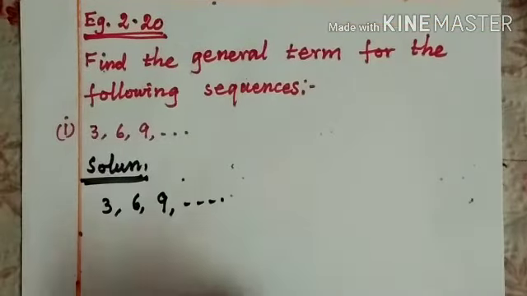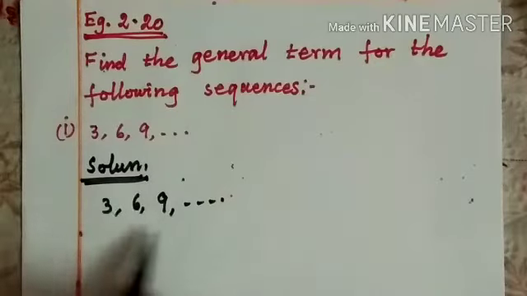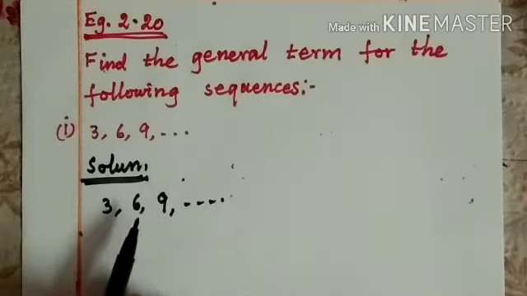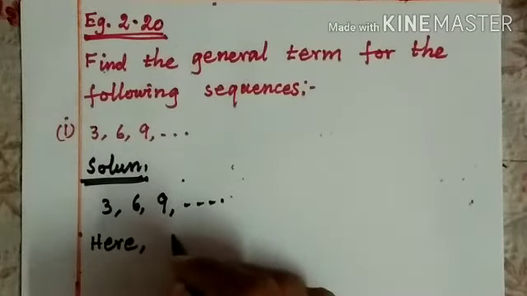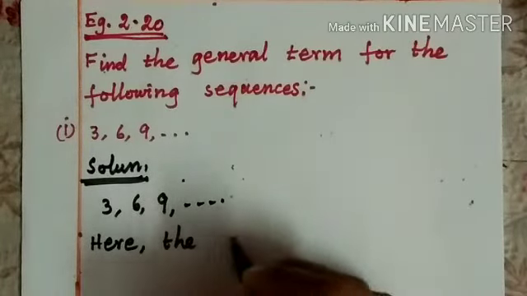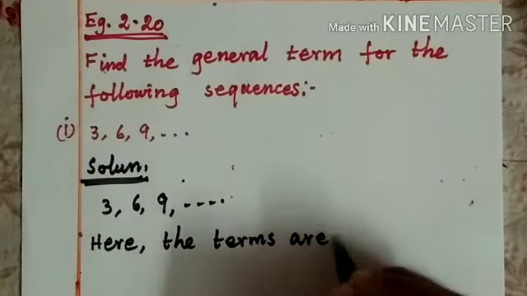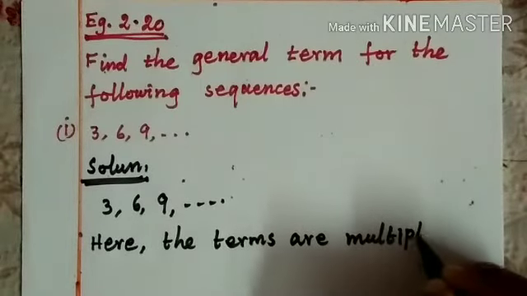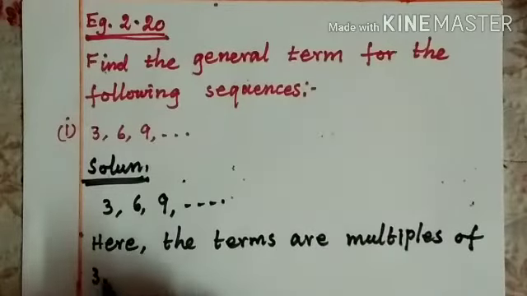First, write down the given sequence. You have to observe this sequence: 3, 6, 9. It is multiples of 3. So, therefore, you have to write here the terms are multiples of 3.